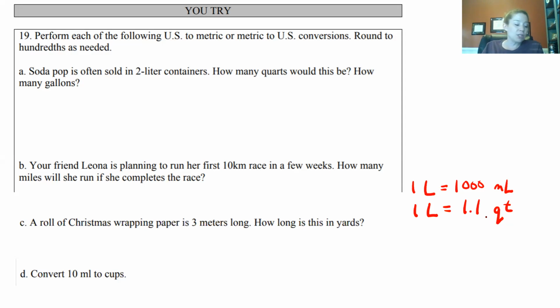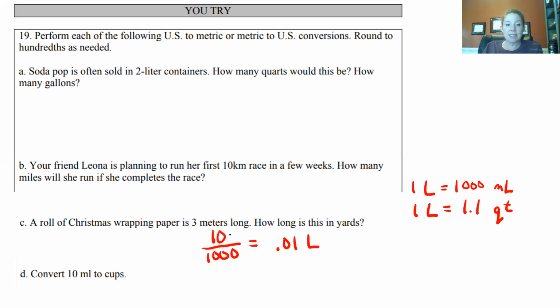So the first thing we want to do is turn our milliliters into liters. Since it takes 1,000 milliliters to make 1 liter, and we have 10 milliliters, we're going to divide our 10 milliliters by 1,000. If I divide this, guys, I get 0.01 liters.